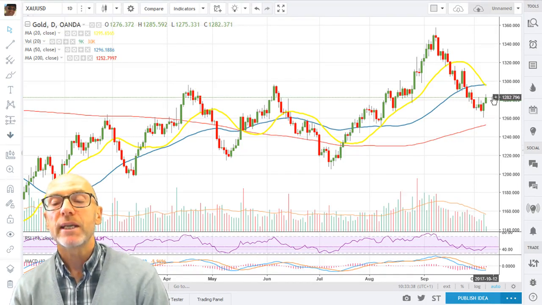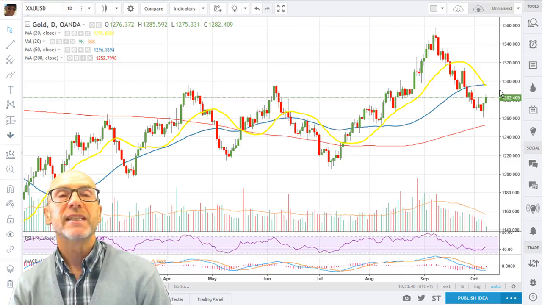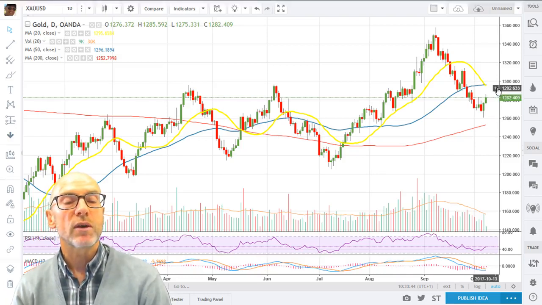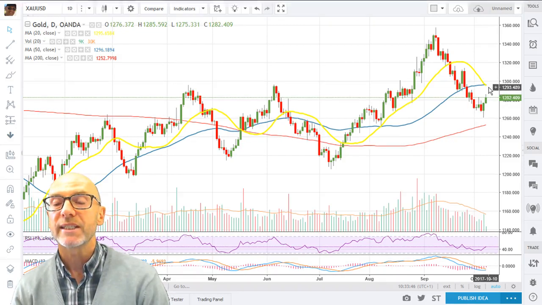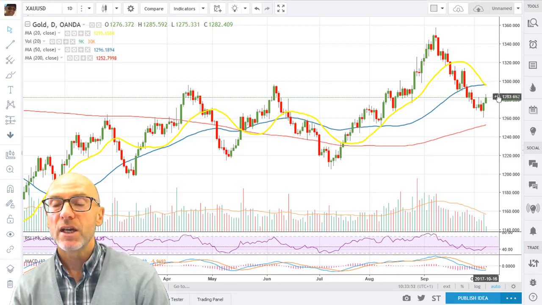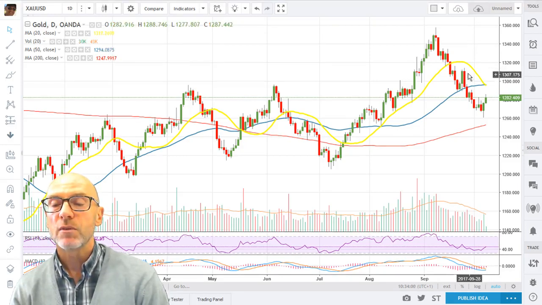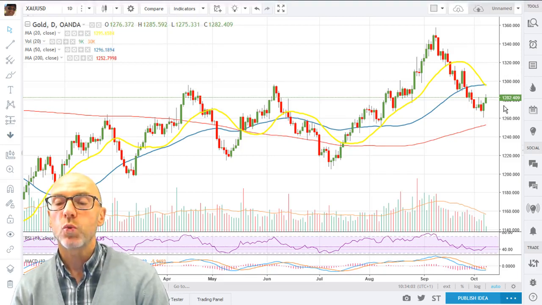If we did manage to get above there, there's then the downtrending 20-day moving average, which at 1290, just below 1296 will give resistance, and then you've got the 1300, and you'd also have resistance from this high of the 26th of September, which is at around about 1312.